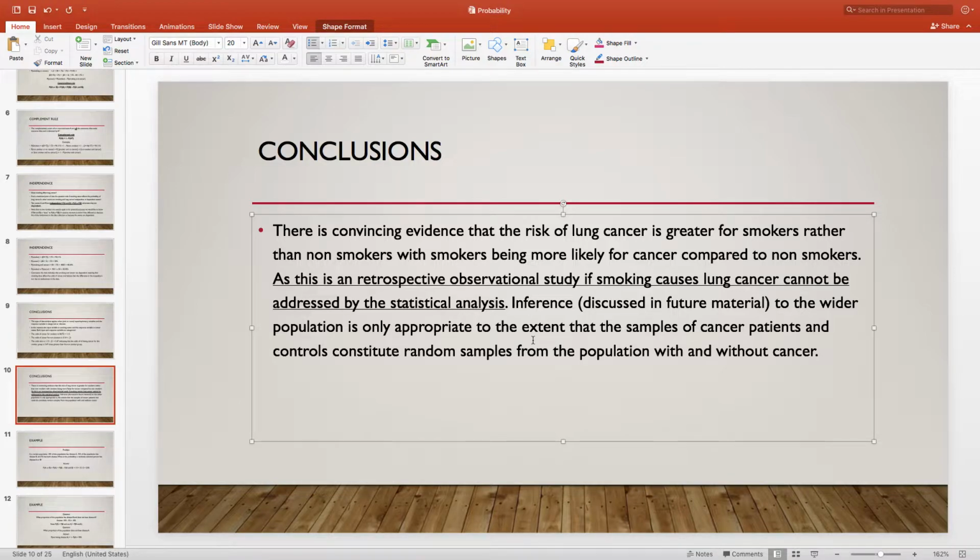It says that if this is a random sample, this is the extent to which smokers are more likely to have lung cancer than non-smokers. They're saying this hinges on it being representative of the population. They haven't assessed whether it is a representative sample, which is a much harder question to assess.